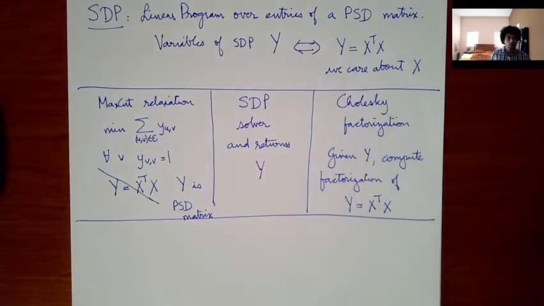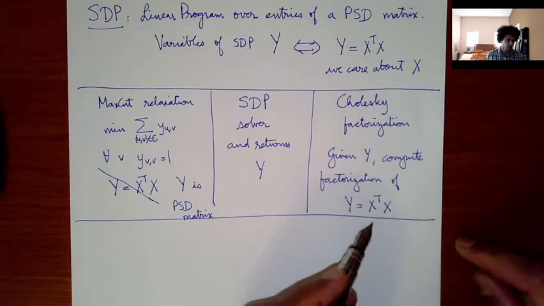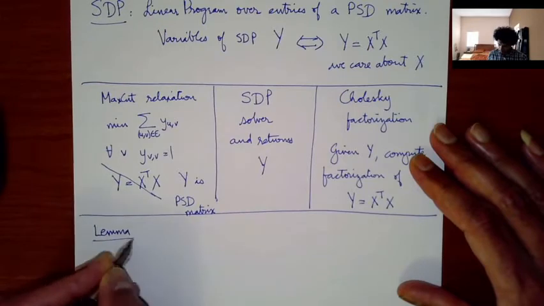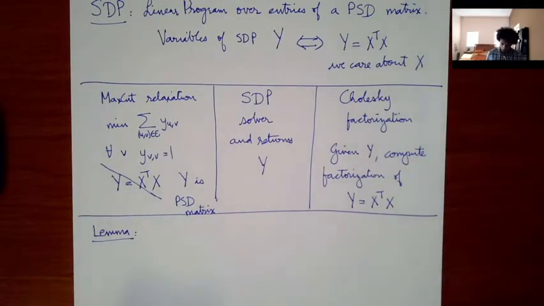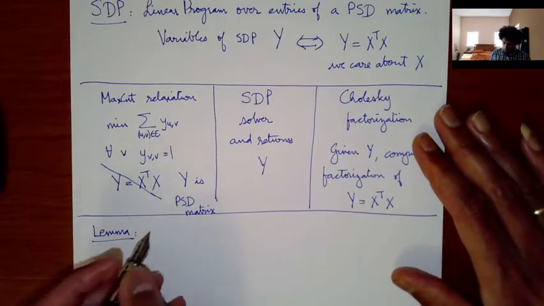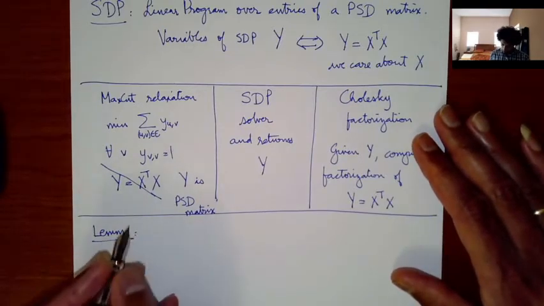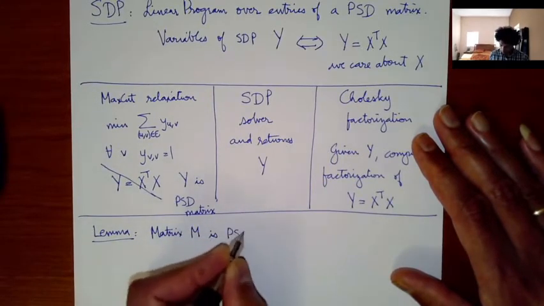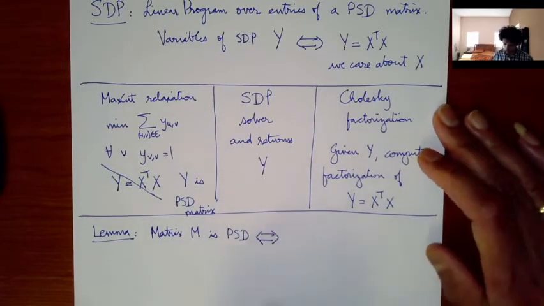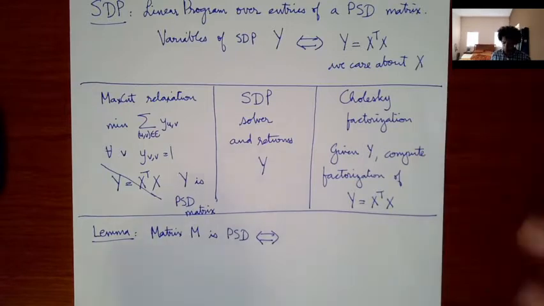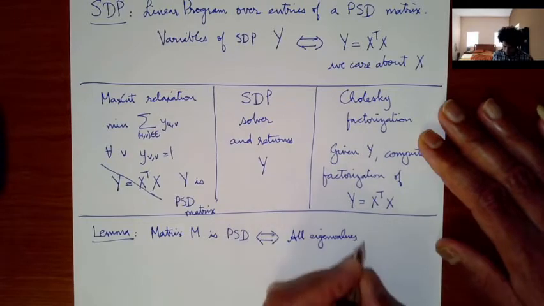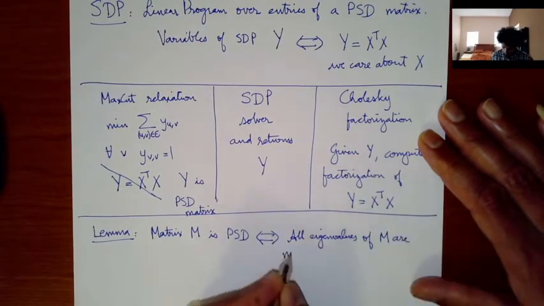Now, I don't want to get too much into Cholesky factorizations, but I want to give you some intuition as to why this is even doable. So I'm going to state an important lemma here, and then from this lemma, I'll show you how to do a Cholesky factorization. I'm just going to state an equivalence: matrix M is PSD, remember M is symmetric so all the eigenvalues are real, is equivalent to saying all eigenvalues of M are non-negative.